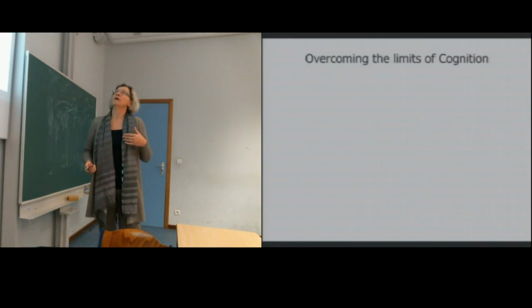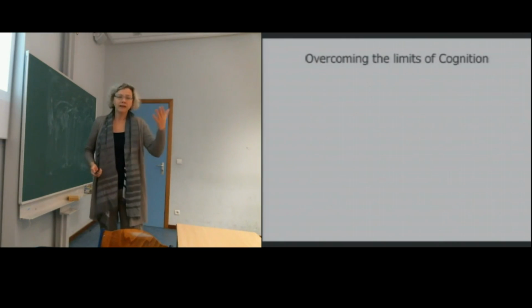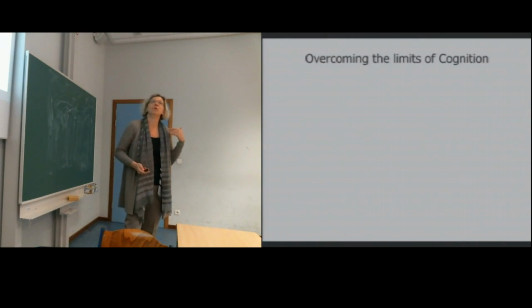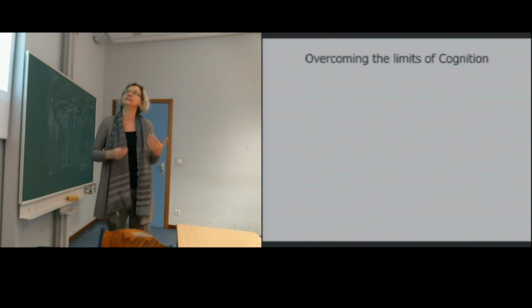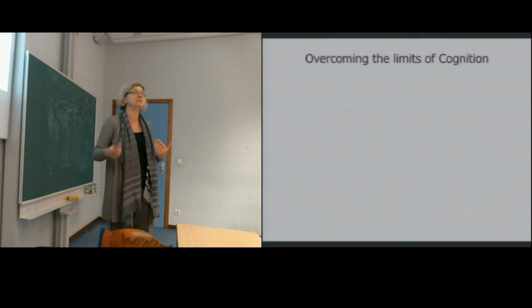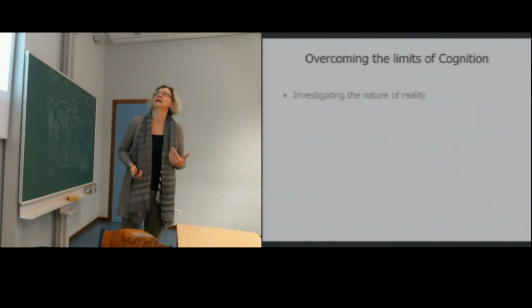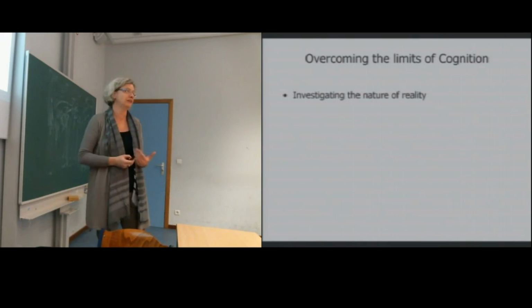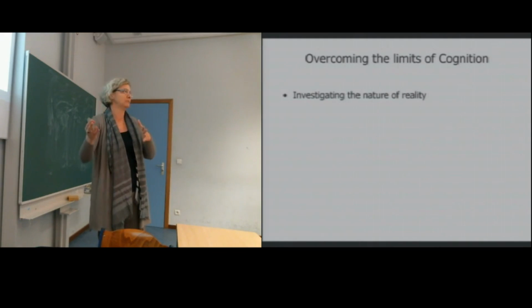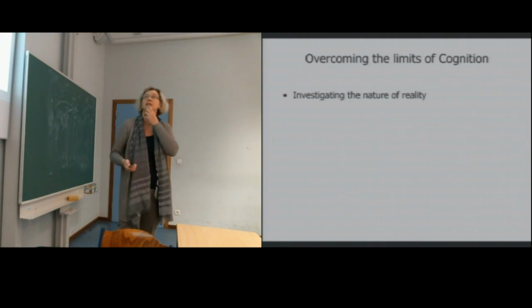So the interesting projection is, if so, how to look at this overcoming of the limits of cognition. Of course, the investigation of the nature of reality is one of the possible descriptions of science.